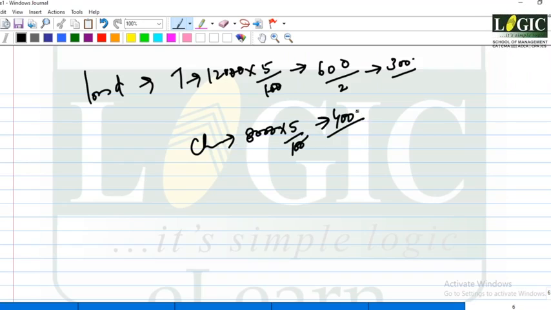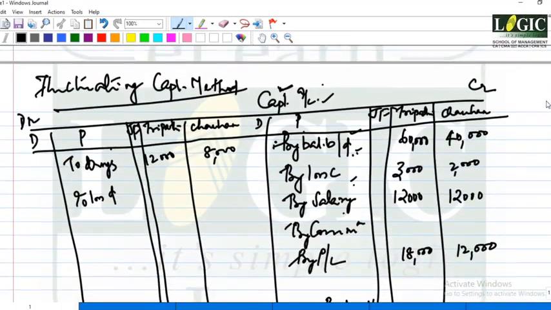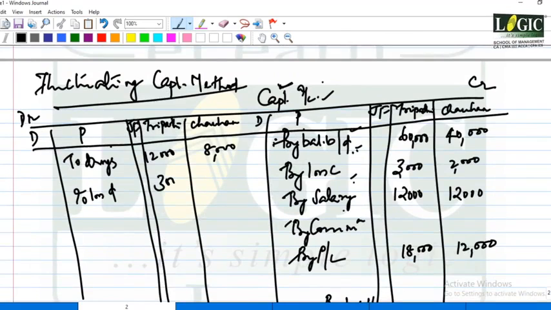Withdrawals were made during the mid of the year, so only half year interest is payable. That is the practice, so we assume 200. So we wrote: to interest on drawings 300, and 200.